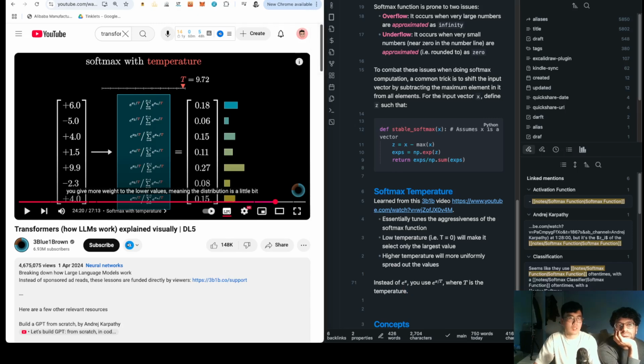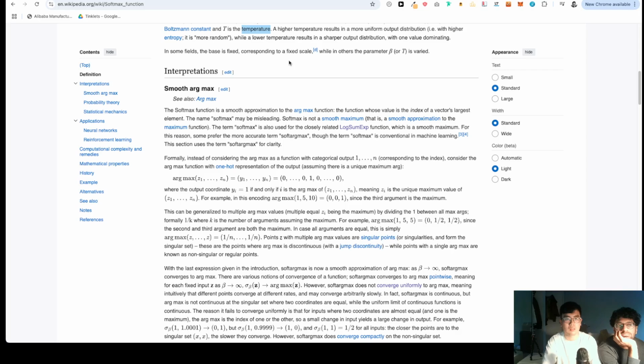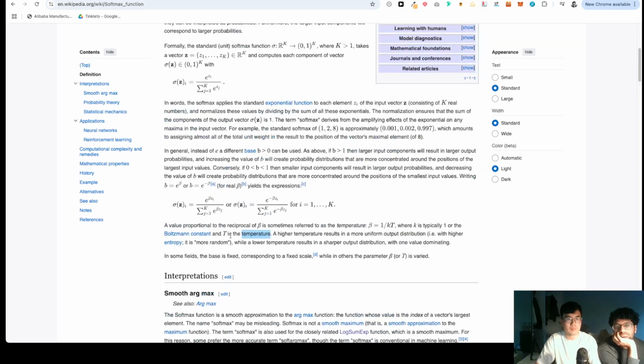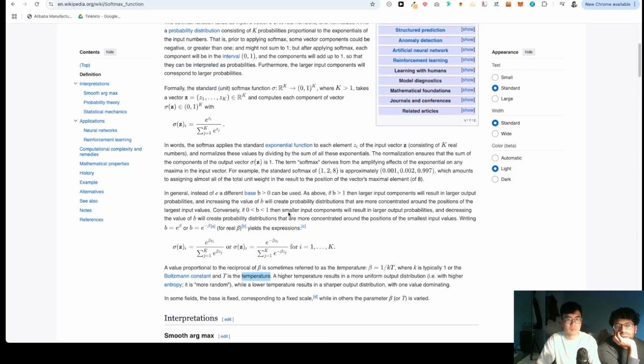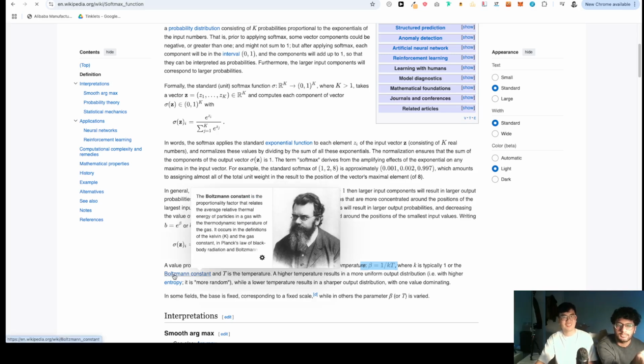Okay, we should go soon. But what is this kT thing then? I saw kT. K is either 1 or a constant. Or the Boltzmann constant.